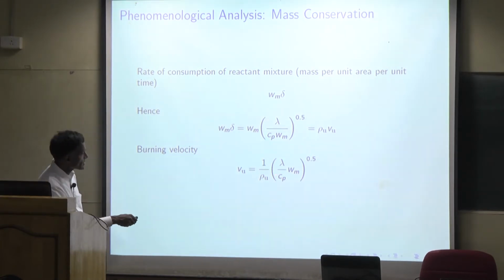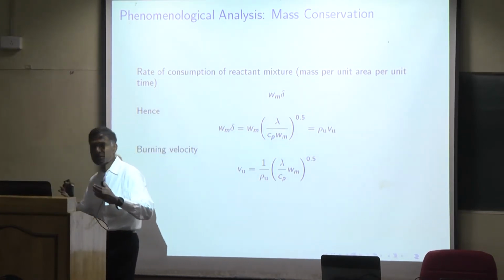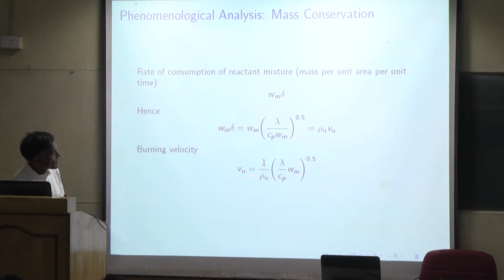The burning velocity goes as the square root of the reaction rate, is proportional to the thermal conductivity, and is inversely proportional to the heat capacity. This is a very simple expression from which you can get the functional dependency of the burning velocity on the reaction rate.